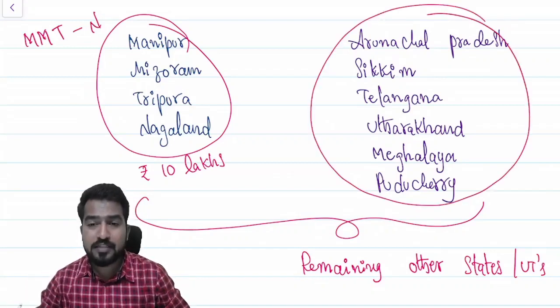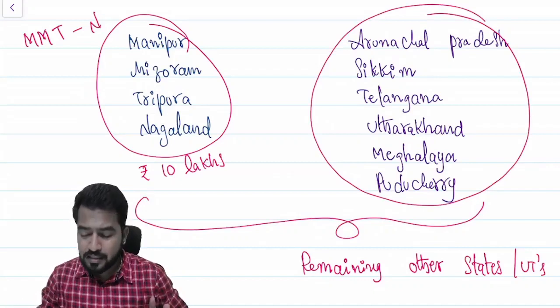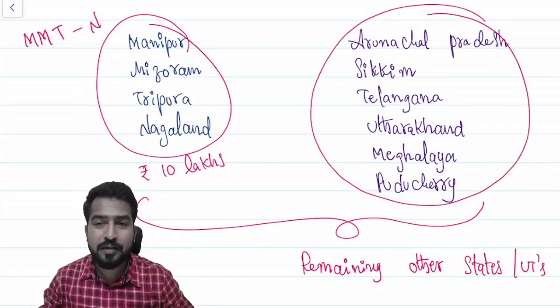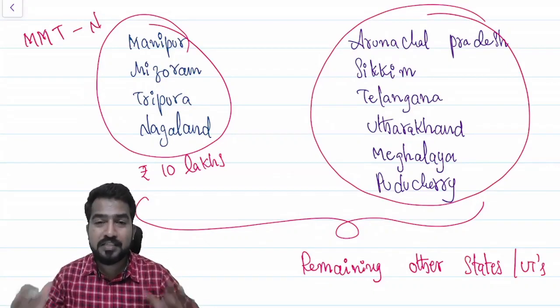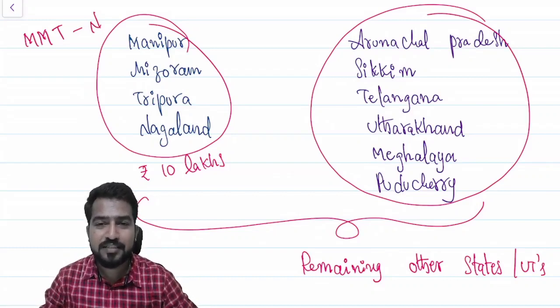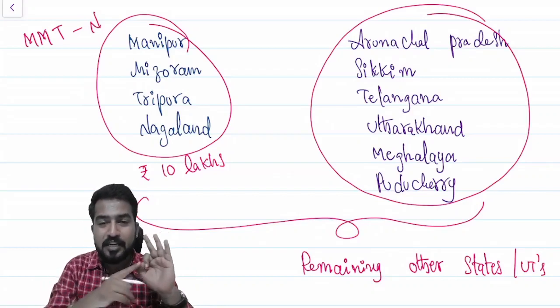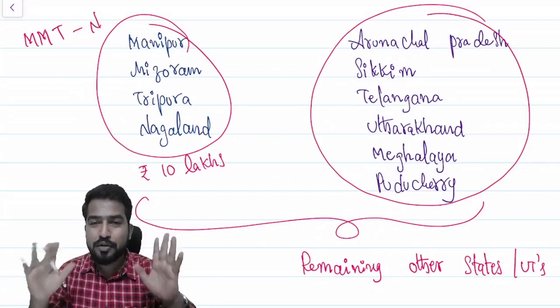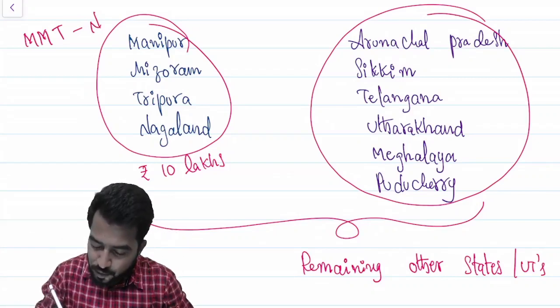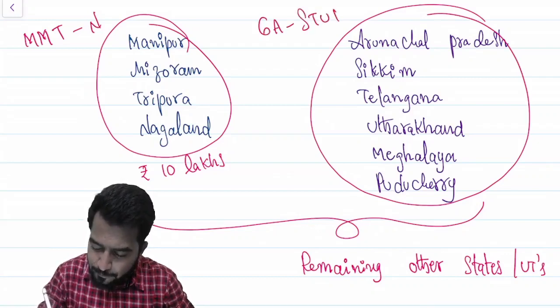And how to remember these other states? Please understand, all of you watch cricket. And in cricket, how many stumps will be there in the ground, my dear friends? Three stumps on one side and three stumps on the other side, so there will be totally six stumps. So the code to remember is 6 A stump.